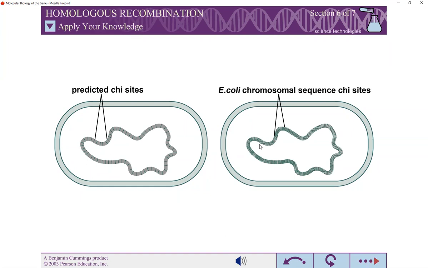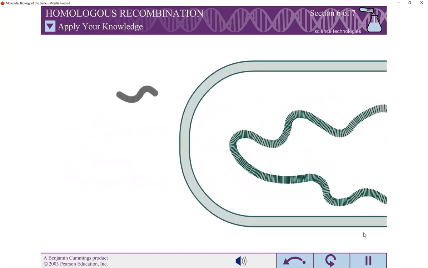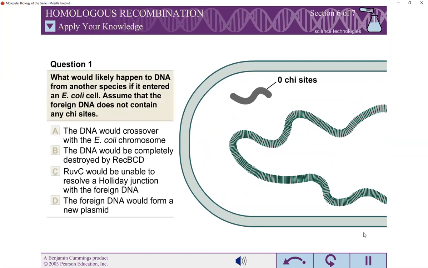So there are two different types of species of E. coli taken in this question. One has a small number of chi sites predicted, another species has a large number of chi sites, such as 1000. Question 1. What would likely happen to DNA from another species if it entered an E. coli cell? Assume that the foreign DNA does not contain any chi sites.